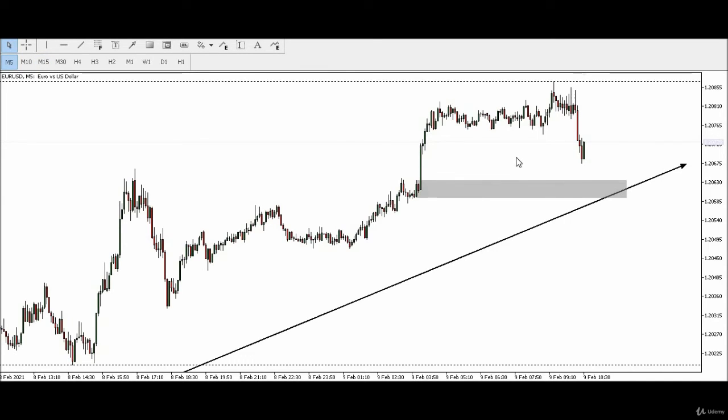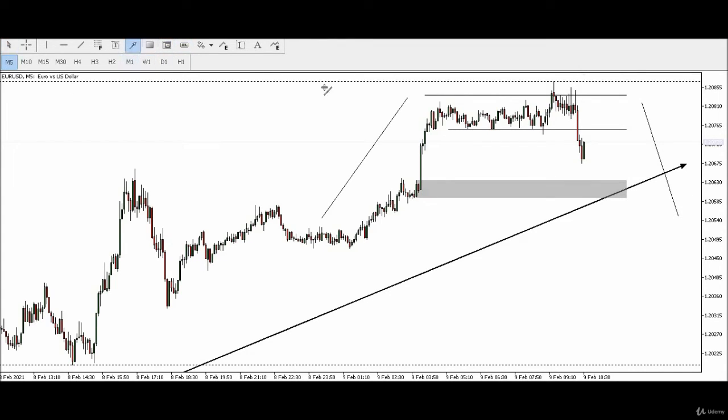We see here is a good support line, and then it broke through. Something like this, and yes, we see that the market is going up in range, and then maybe down.